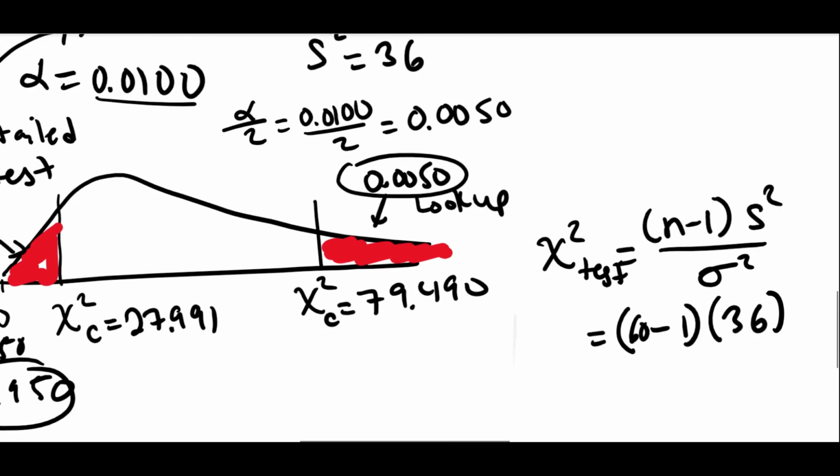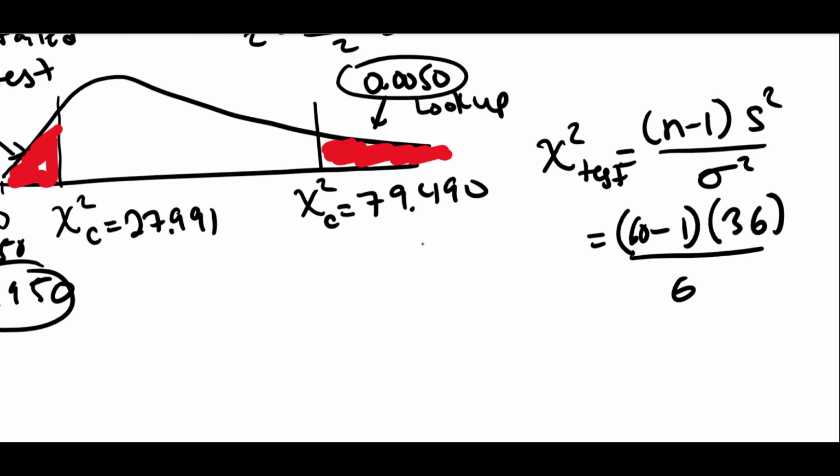Sigma squared is 64 from the claim. We're going to calculate that. We get 33.19, rounded to 2 decimals.